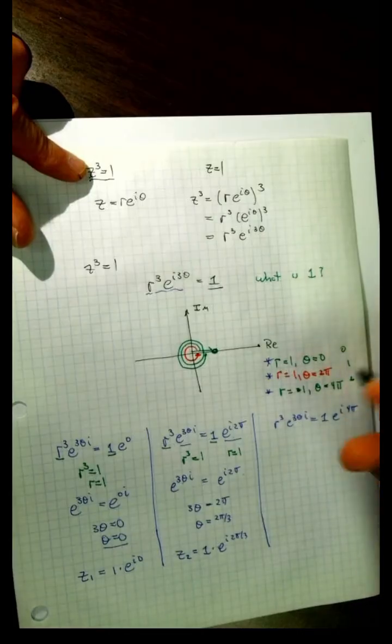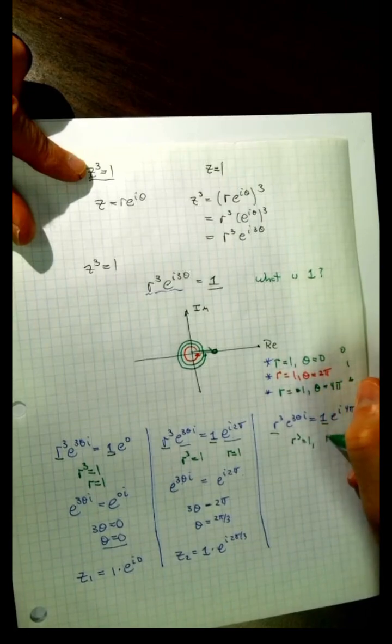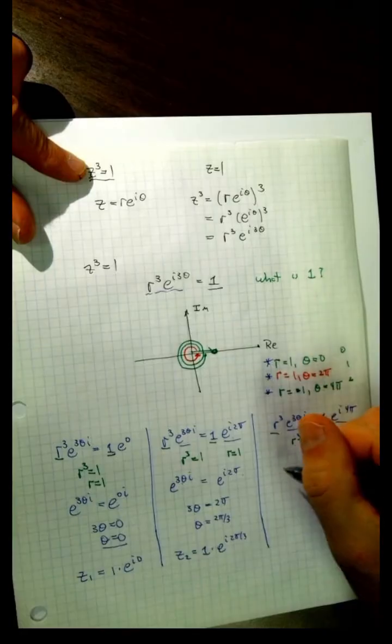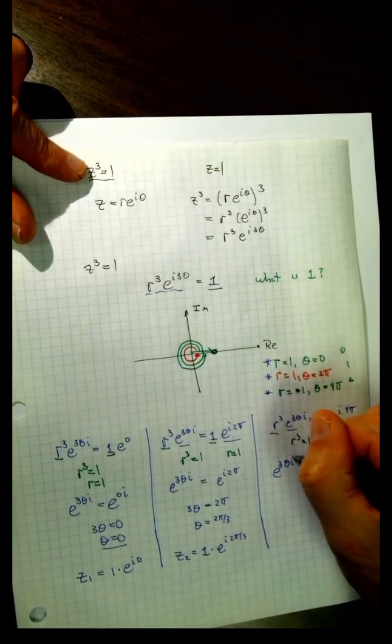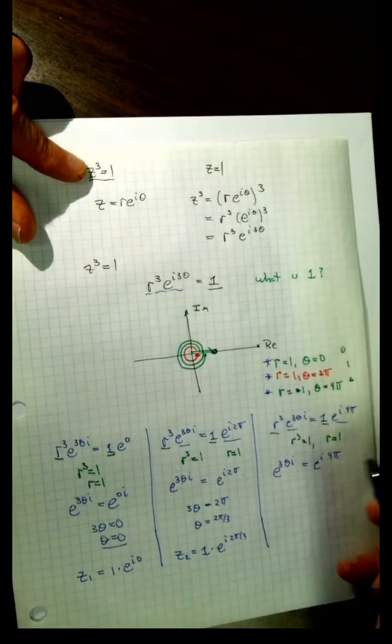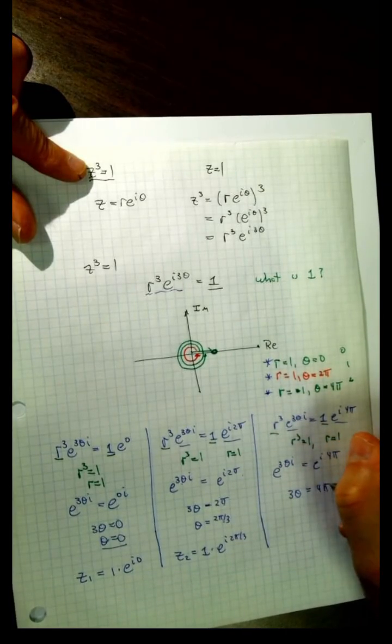And now over here, exact same argument. Treat the radii the same. r cubed is 1. Since it's real, r is 1. Now I'm going to treat the exponential. They have to be the same. Those are only going to be the same if the exponent's the same. So 3 theta equals 4 pi.